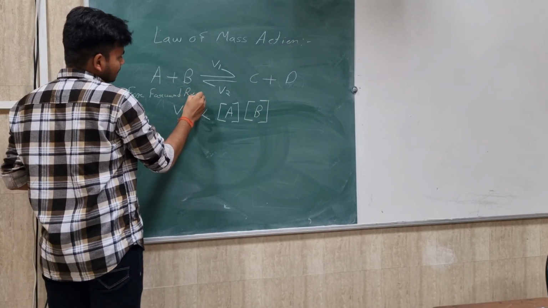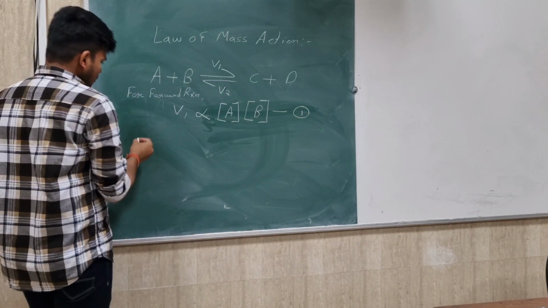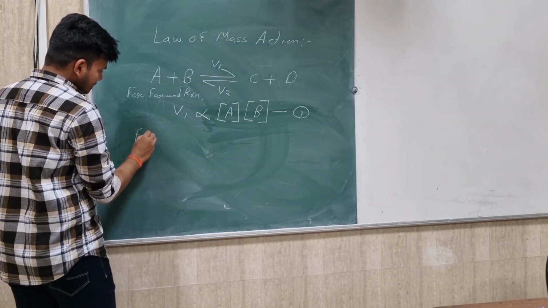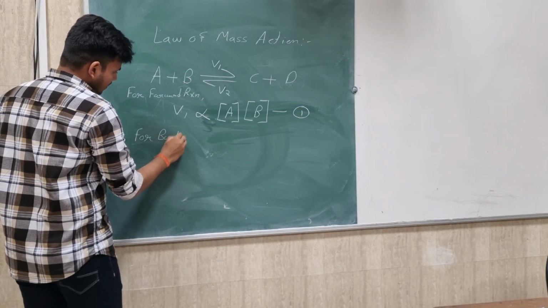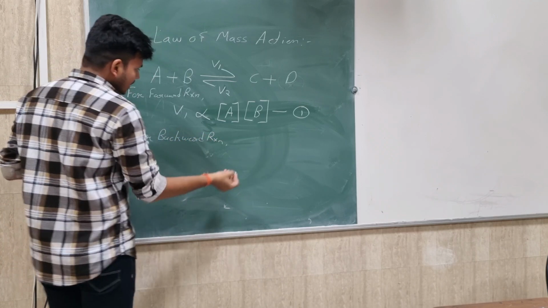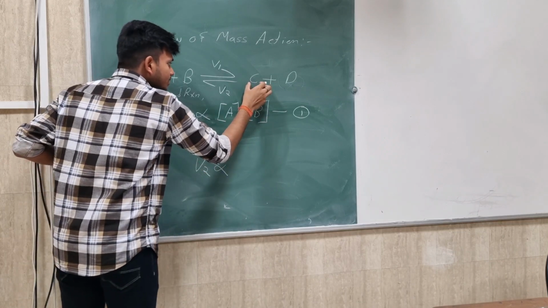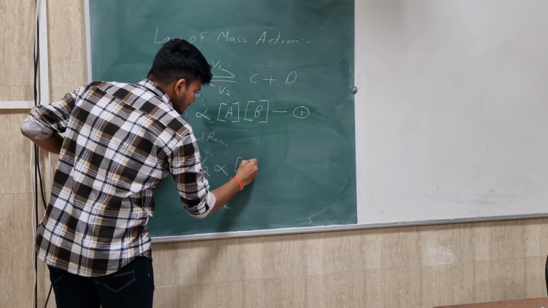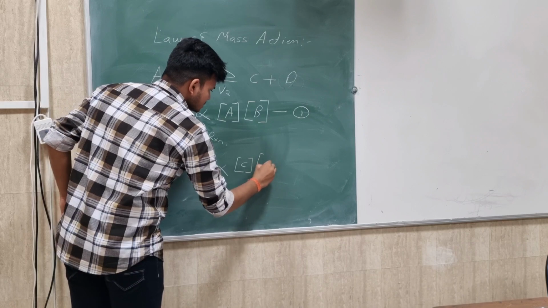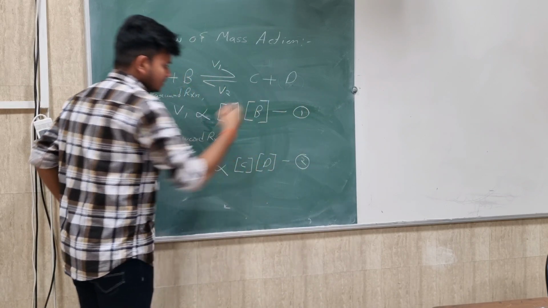That's it. Equation number 1. Second is for backward reaction. We can write V2 directly proportional to the concentration of C into concentration of D. This is the equation number 2.